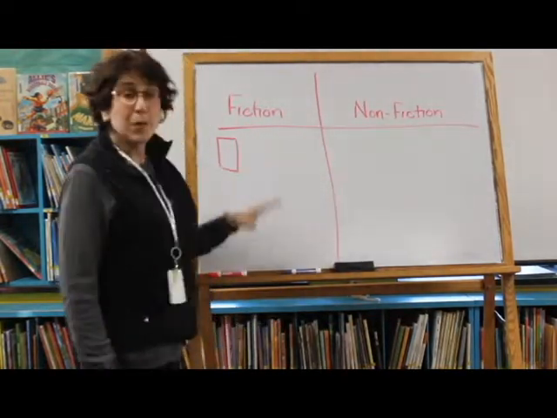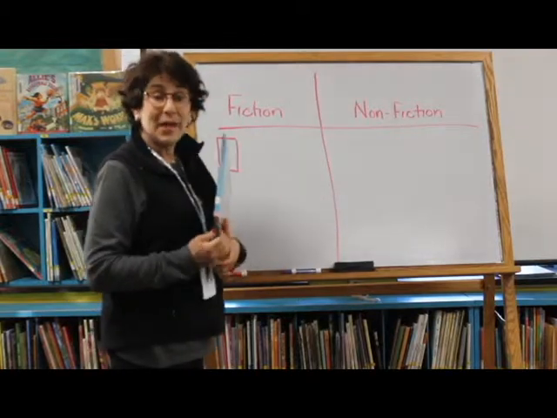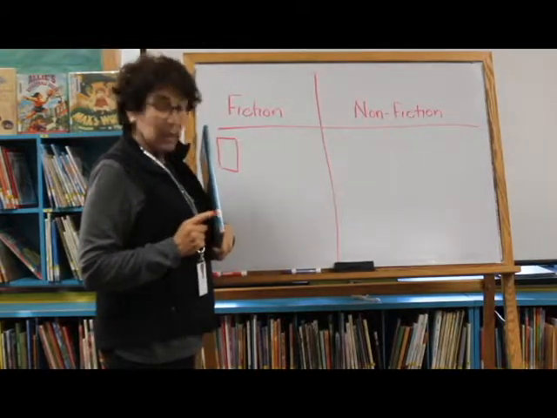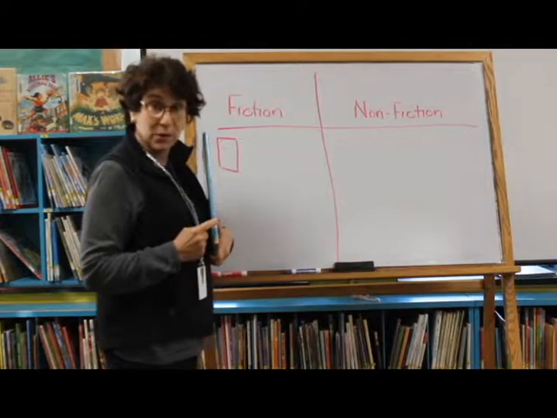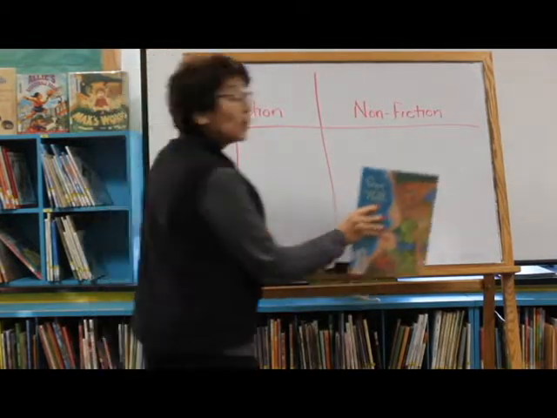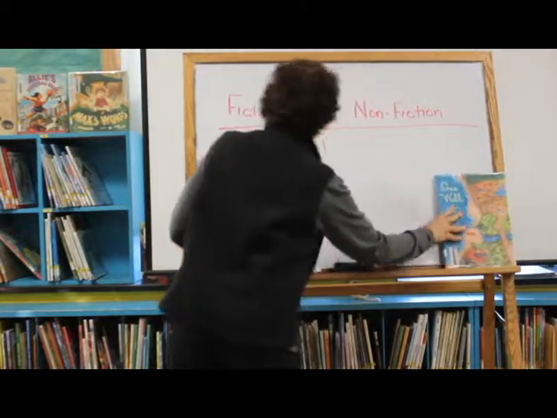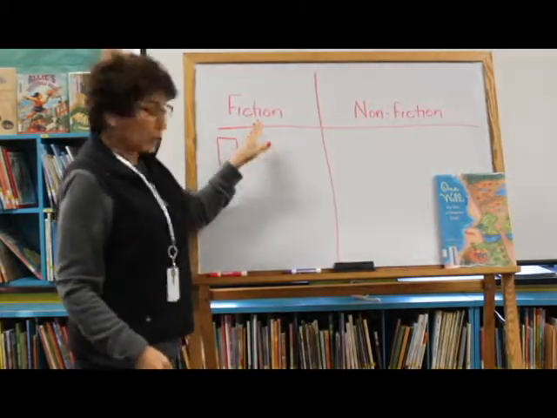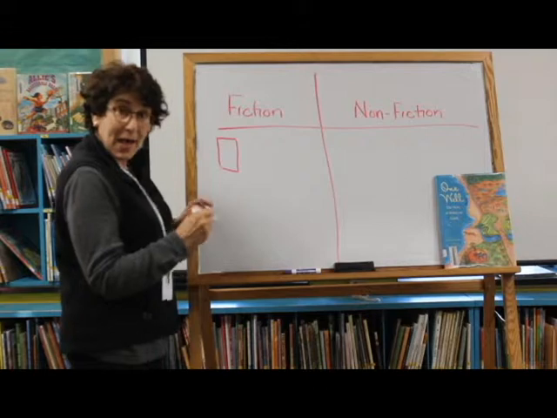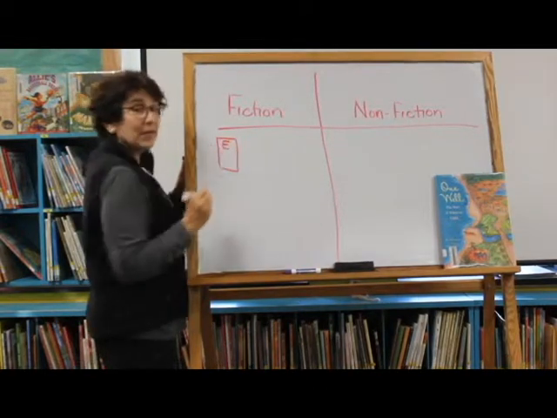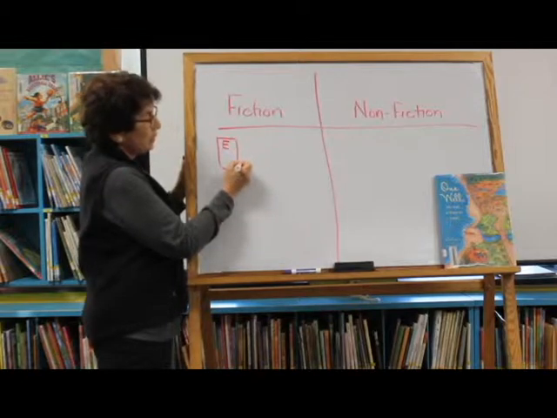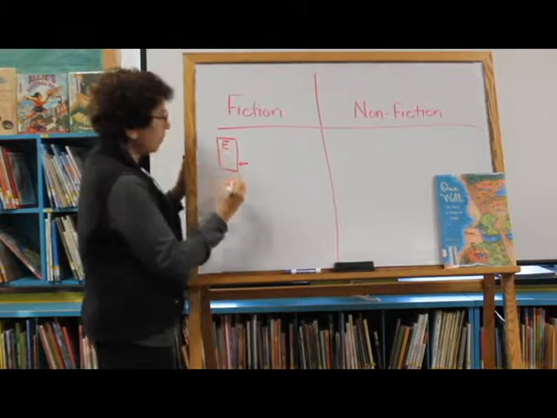Every book in the library has a spine label. It's a white label that either has only letters or numbers and letters on it, and they look like this. All the fiction books will have a spine label with an E at the top, and there's room for something down here, which I'll tell you.